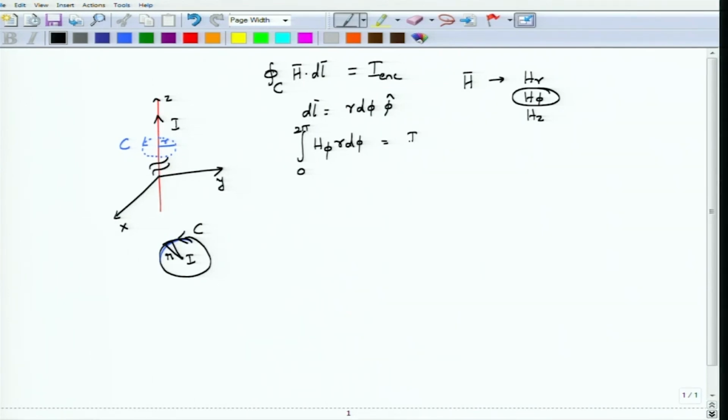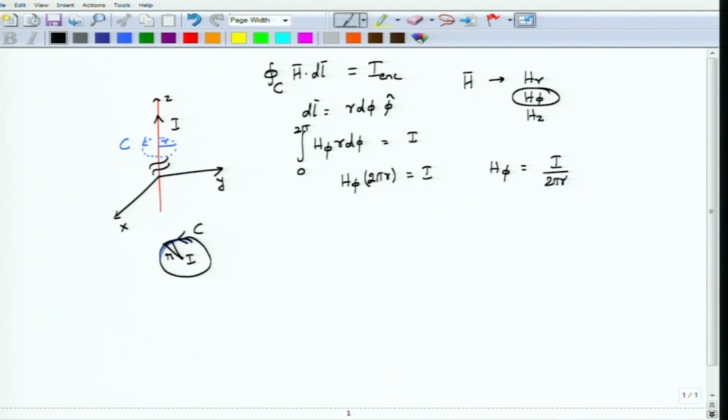Current enclosed is simply I. Now r is constant in this integral. Remember, it's only phi which is varying, and if you pull out H phi, assuming that H phi is constant, because of symmetry we can show that H phi is going to be constant. So H phi into 2 pi r, being the loop circumference, should be equal to the total current I that is enclosed, which gives me H phi to be I by 2 pi r.